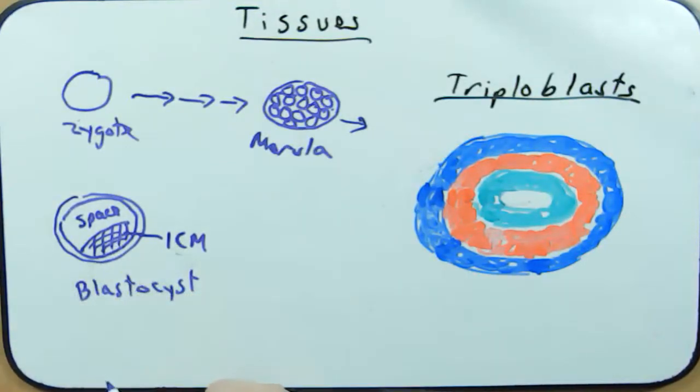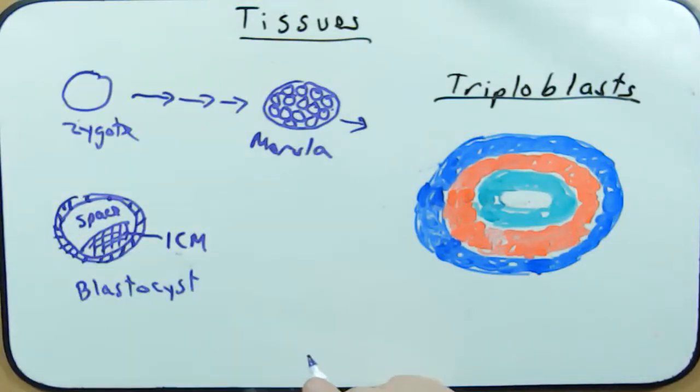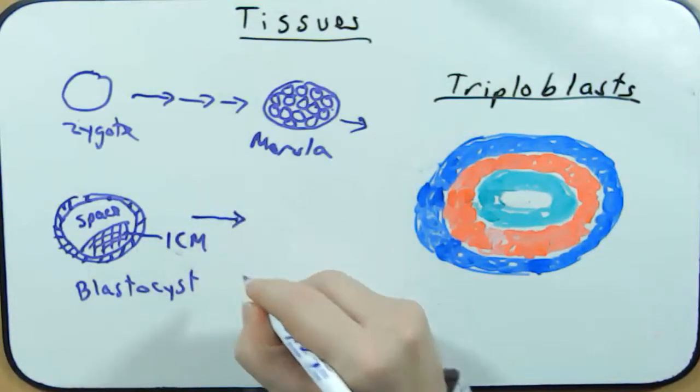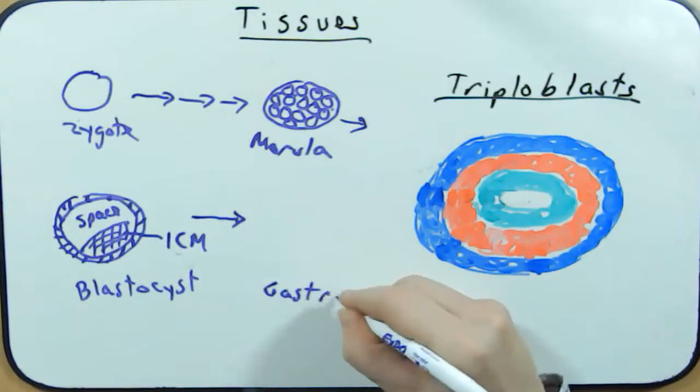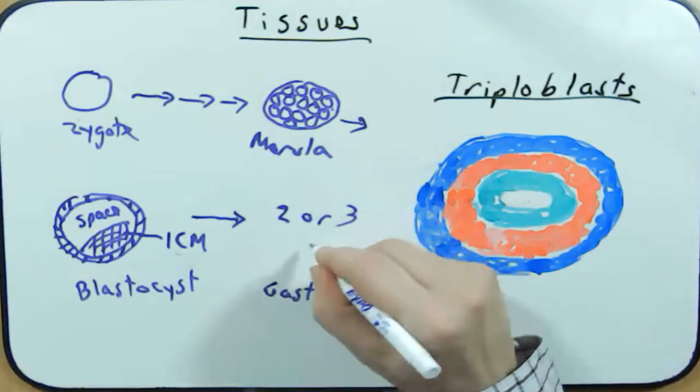This will become the embryo. The cells on the outside here will go on to become structures like the amnion, the placenta, the yolk sac. So very important structures, but not what will become the embryo. This embryo here in this inner cell mass will eventually go into a stage called the gastrula stage. And that's when we begin to form the two or three tissues.